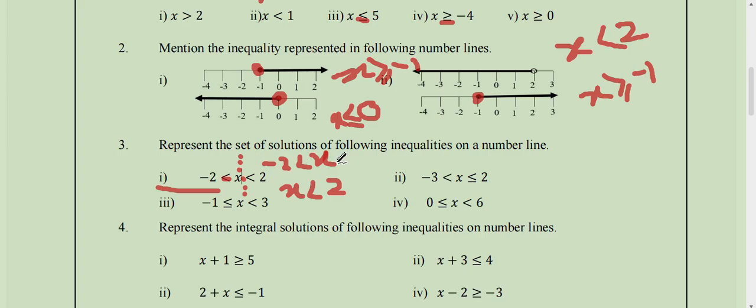So firstly you should draw like this on the number line, and after that you draw the second inequality. And how do we take the solution?